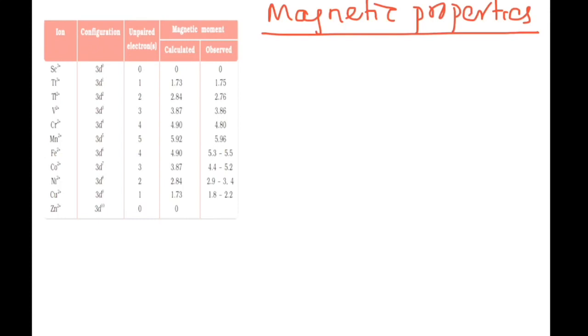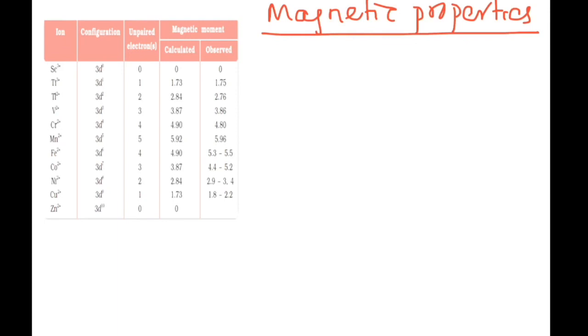The transition metal ions show different types of magnetic nature, such as paramagnetic, diamagnetic, and ferromagnetic nature. The paramagnetic nature is mainly due to the presence of unpaired electrons.